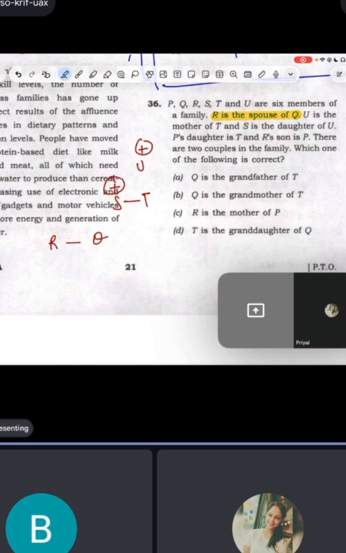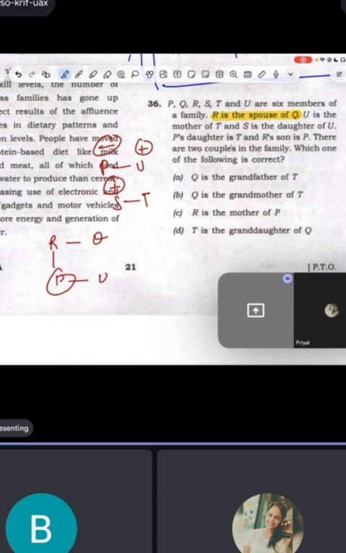P's daughter is T. Don't you think P and U will be a couple? Of course. So it means P is definitely male. And R's son is P. So don't you think if he is P then he will be U?